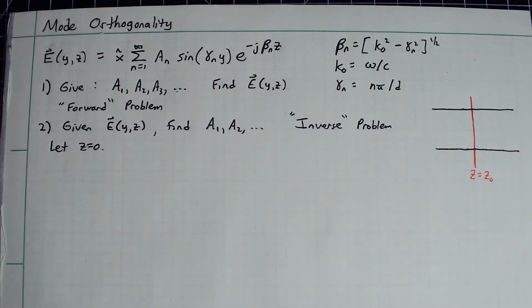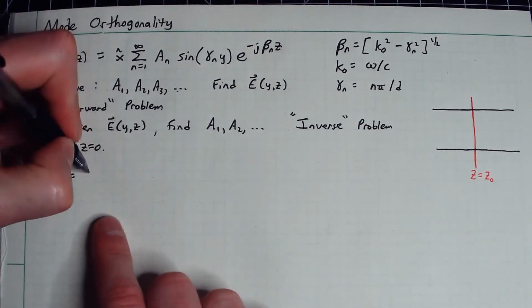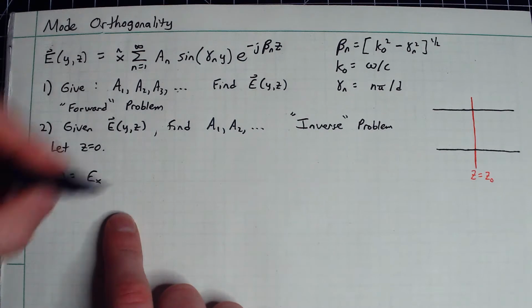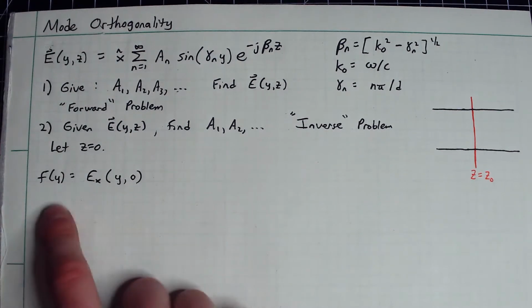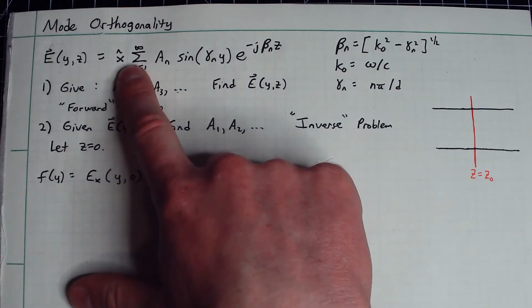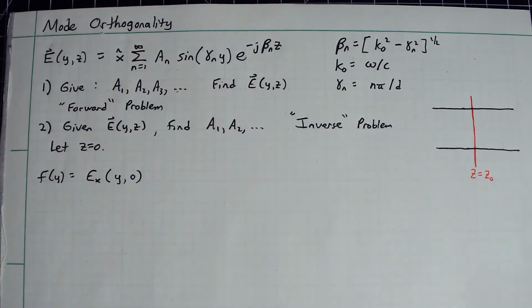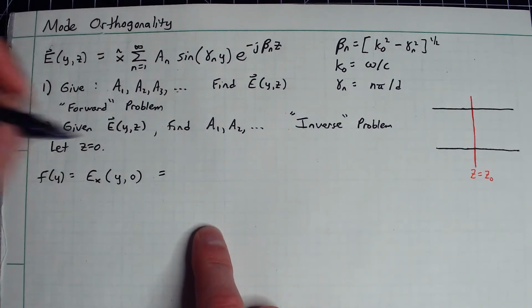So I'm going to define a function f of y is equal to e sub x, the x component of my E field, of y comma 0. This is just to make my notation a little cleaner. And you notice I don't have to keep track of this little vector here because we know that the electric field is polarized in one direction, so we don't have to keep explicitly writing this out. So what I will get is the following.